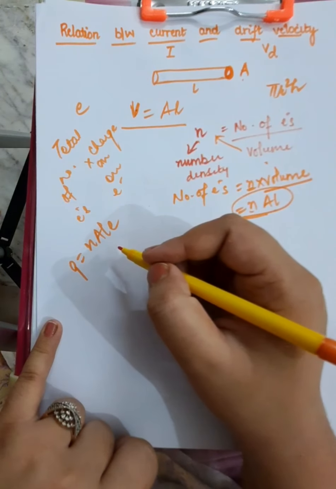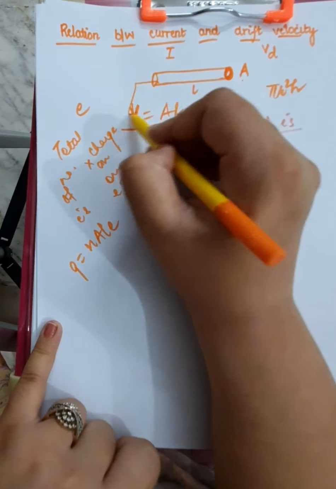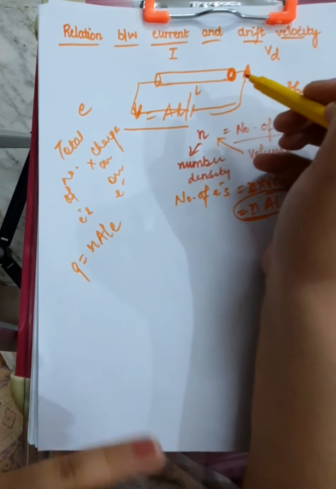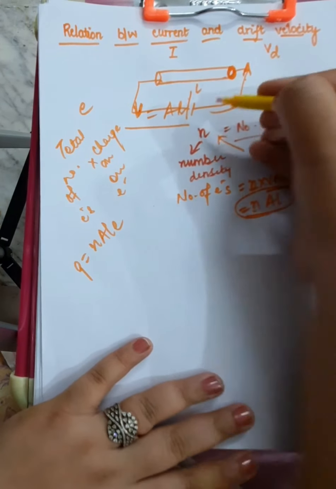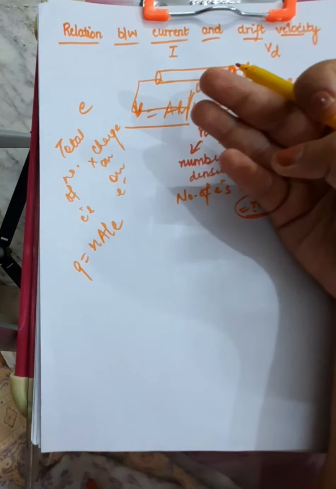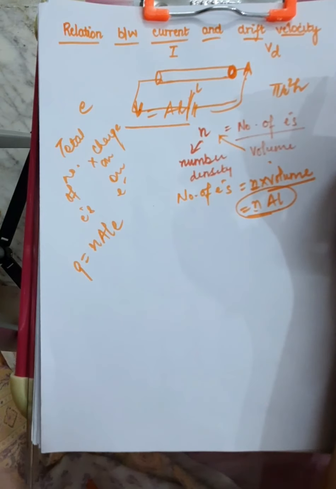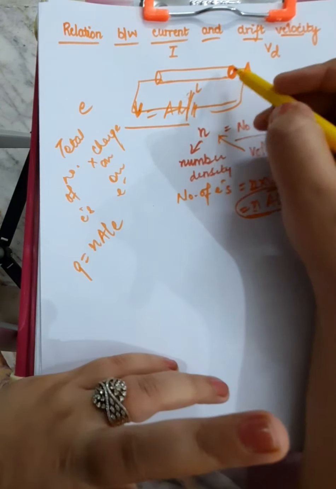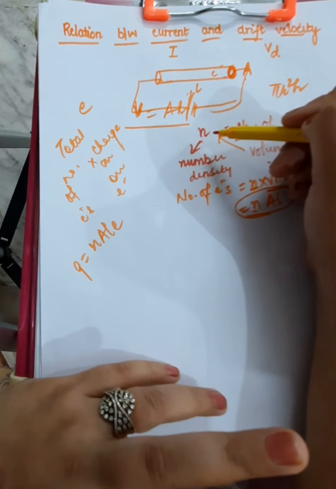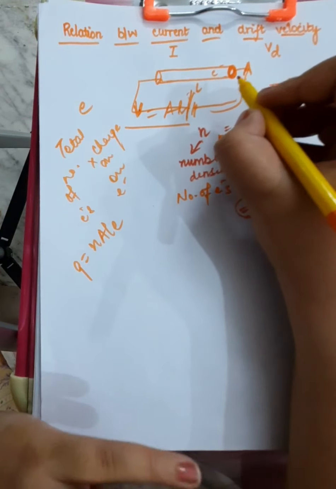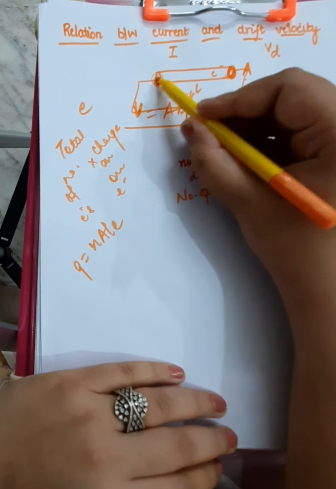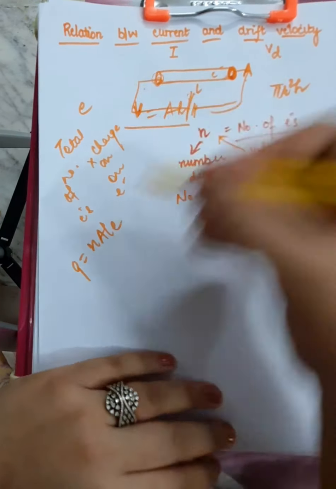Now whenever you apply a potential difference, like you connect the two ends of the conductor to the two terminals of a battery, what would happen? Battery means potential difference, and potential difference means electric field, right? Because of the electric field applied, electrons will tend to move towards the positive terminal, so they will acquire drift velocity. What will be the time taken by one electron to move from this end of the conductor to this end?